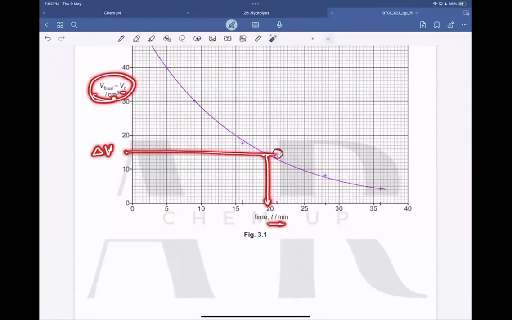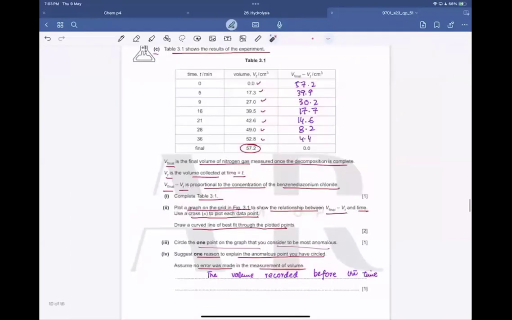So it's the change. For example, let's assume this value. What is this value? Let's suppose it's around 14.4. Let me check this value.